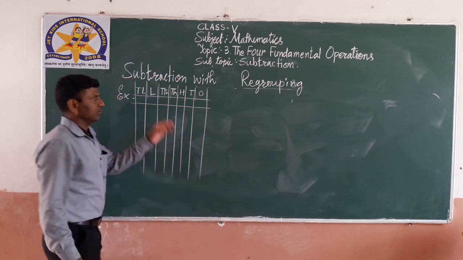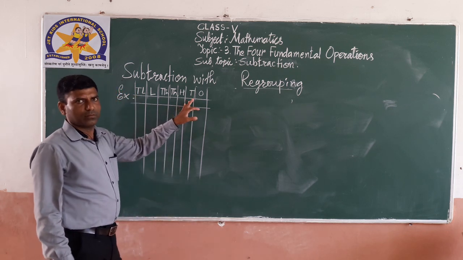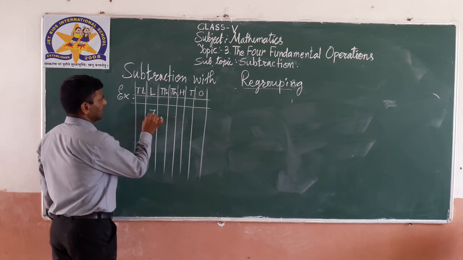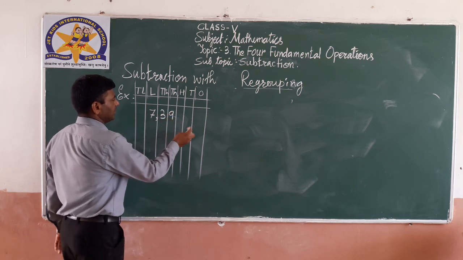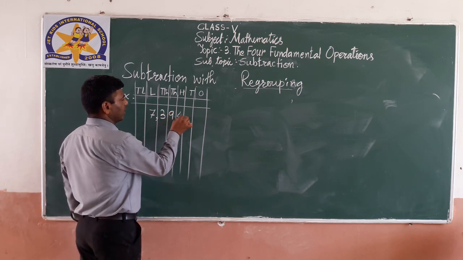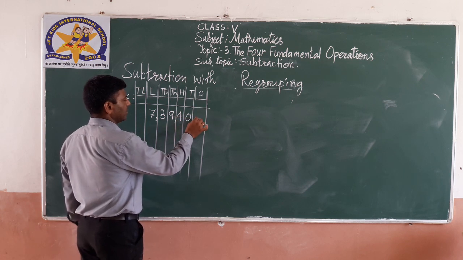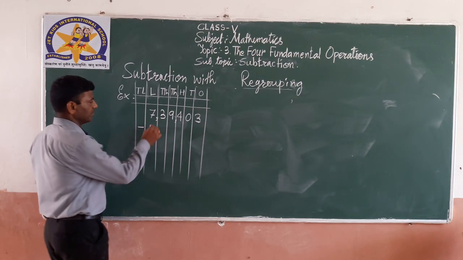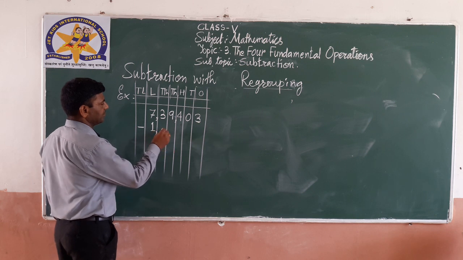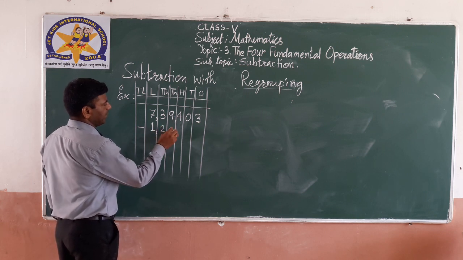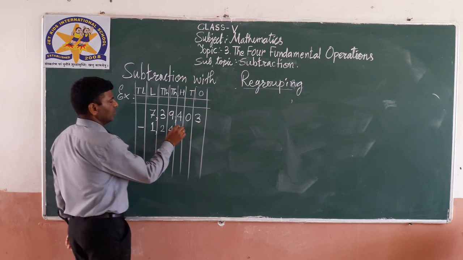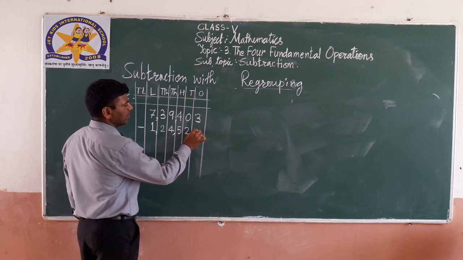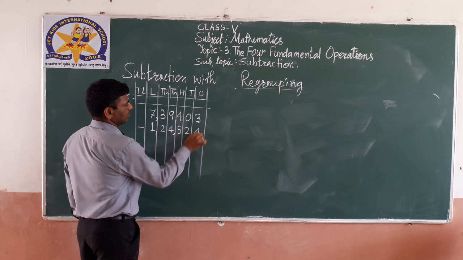Leave one line, one row for borrow. Then let's say, example, 7,39,403 minus 1,24,524.